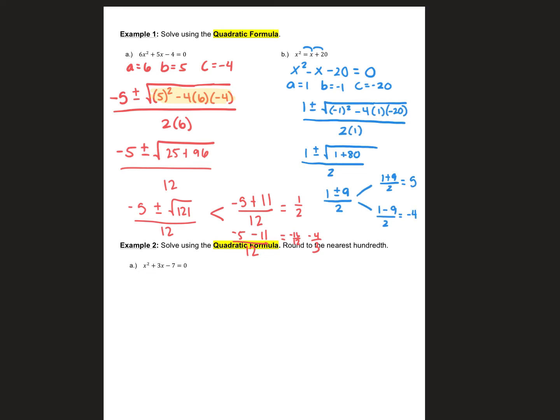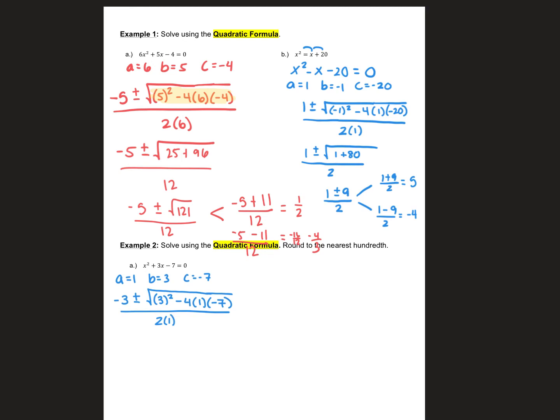Okay, in example 2a, we have a is 1, b is 3, and c is negative 7. So let's use the formula. Negative b plus or minus the square root of b squared minus 4 times a times c, all over 2a. 2 times 1, which is just 2. Okay, we're going to do the square root first.